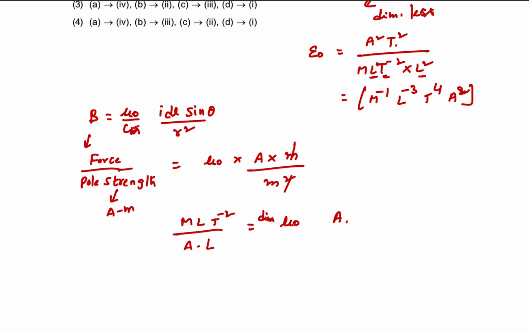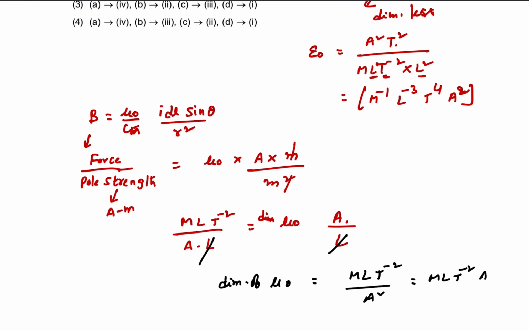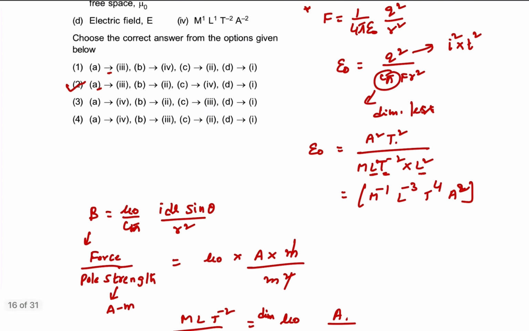So M and M get cancelled, and L and L get cancelled. Dimension of mu naught is equal to M L T power minus 2 divided by A square, that is equal to M L T power minus 2 A power minus 2.